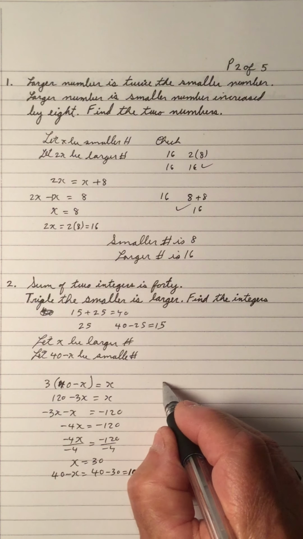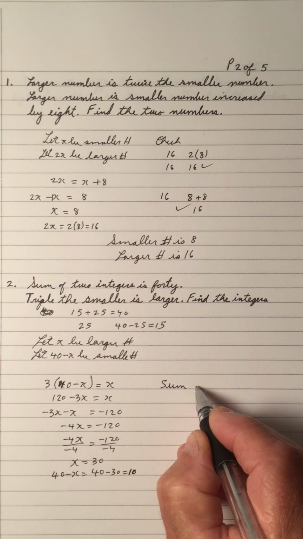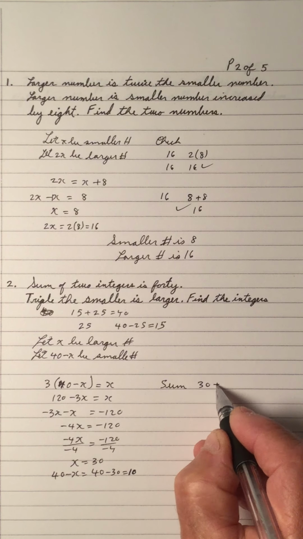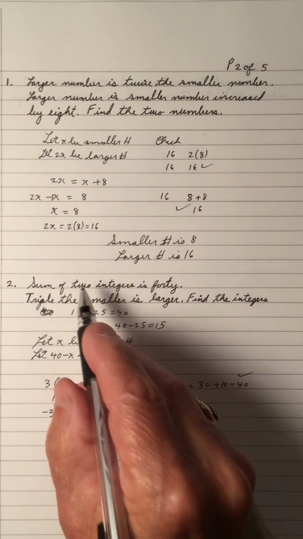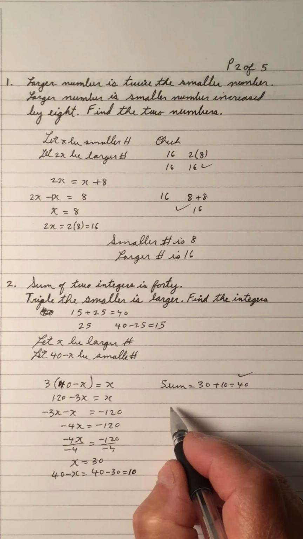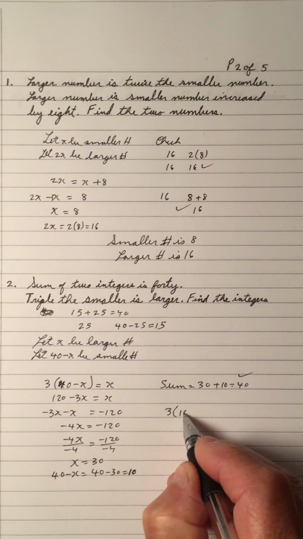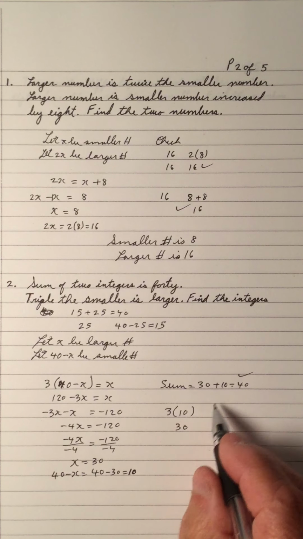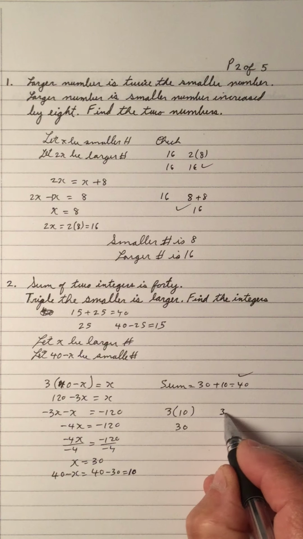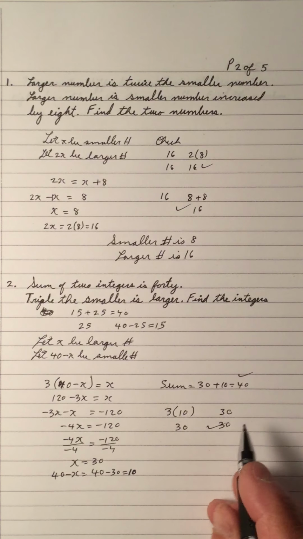Now let's check. The sum of the two numbers is 30 plus 10, which makes 40, so the first sentence is true. Triple the smaller, which is 10: triple 10 is 30. So triple the smaller is the larger. Yep, that's true.